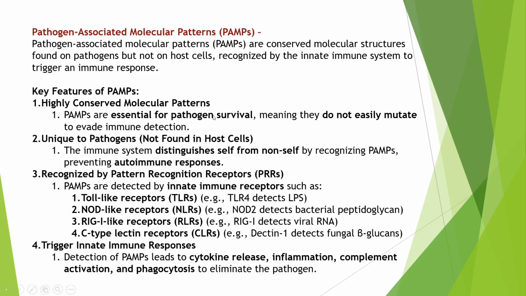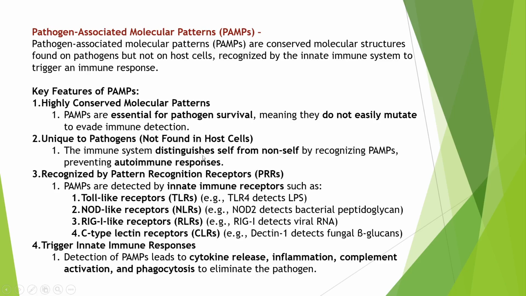Since they are essential for the pathogen to survive, they will not be easily changed or mutated. That is the reason they are conserved, and it helps our host system to easily identify them, because there will be no very frequent changes, so it will be easy for the immune system to set it as a standard for recognition of a pathogen.